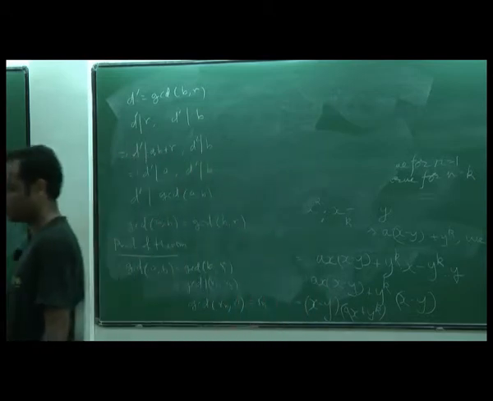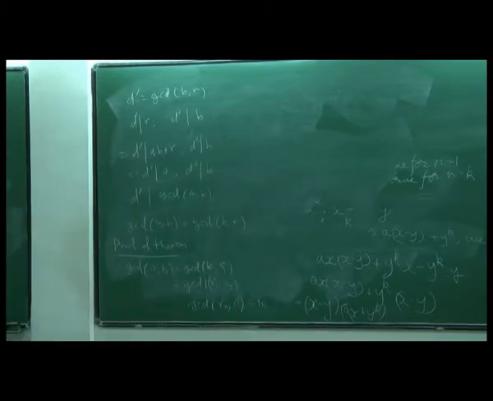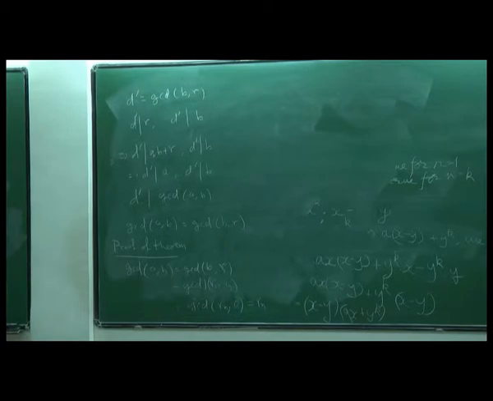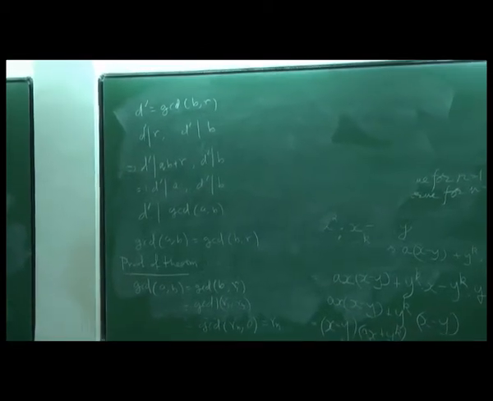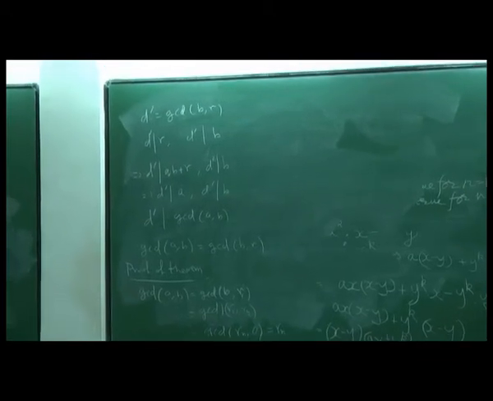Any number with 0 has GCD equal to that number. So this is equal to Rn. So Rn is equal to the GCD of A, B. Okay, clear?